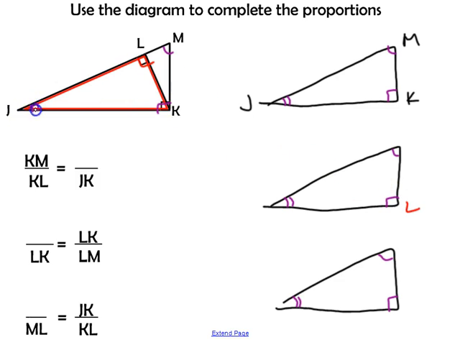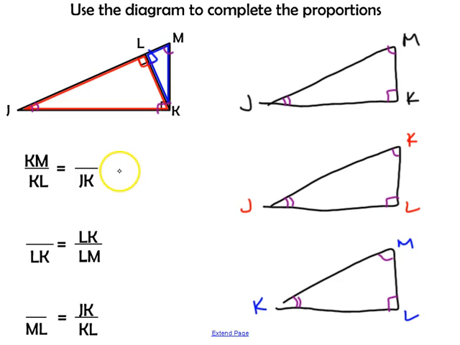Angle J is the one marked with 2. So that means the third angle has to be angle K. Then we can go to the smaller triangle, this one highlighted in blue. And again, the right angle is going to be angle L. Angle M is marked with 1. And so angle K is going to be that third angle.